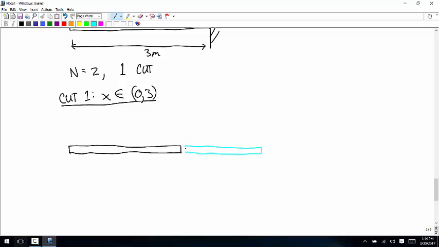Here's the piece we don't care about. We know that over here, the value of that distributed load is 5,000. That's more good news.